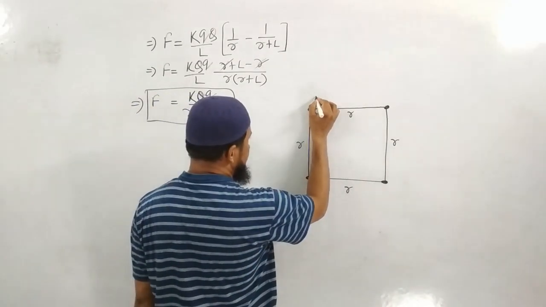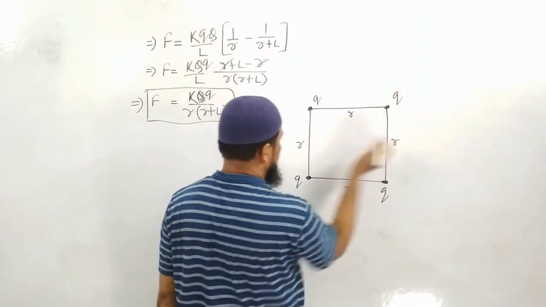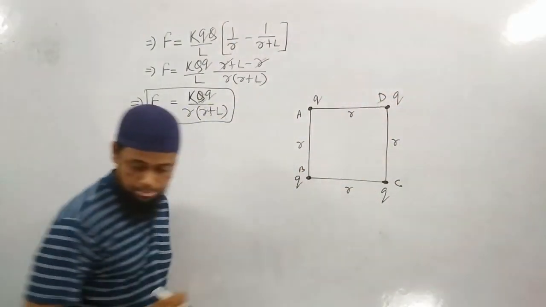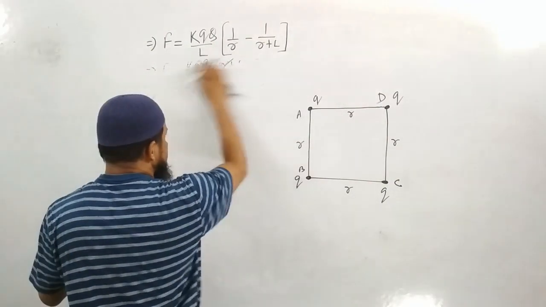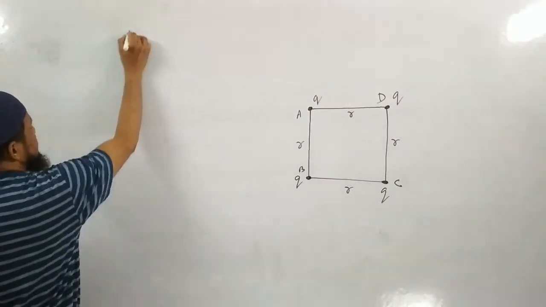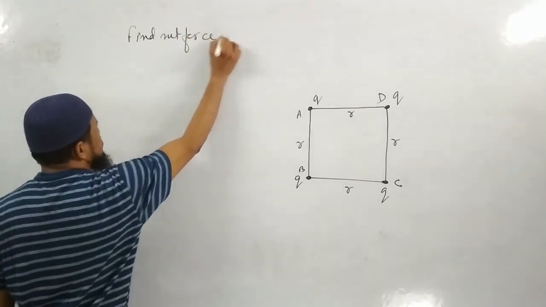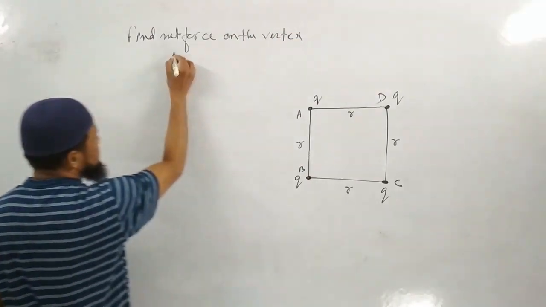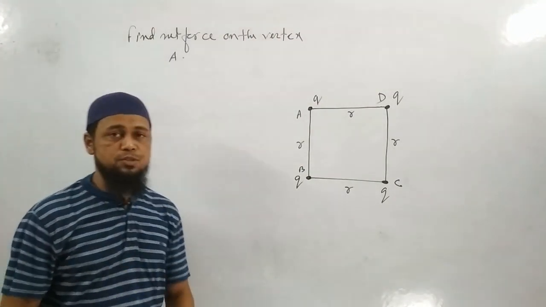Let me consider identical charges q, q, this is also q, this is also q, A, B, C, D. And suppose we have to find net force at any of the vertices. Let me specify: find net force on the vertex A using superposition principle.